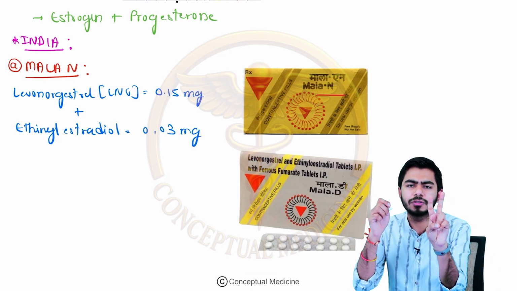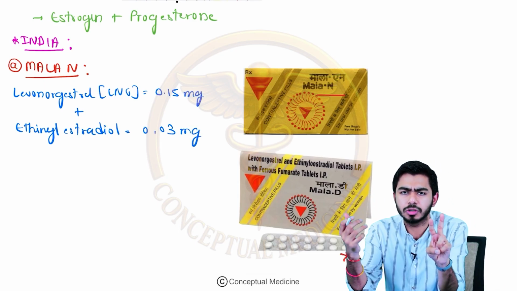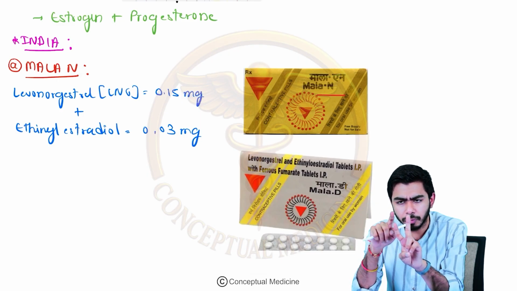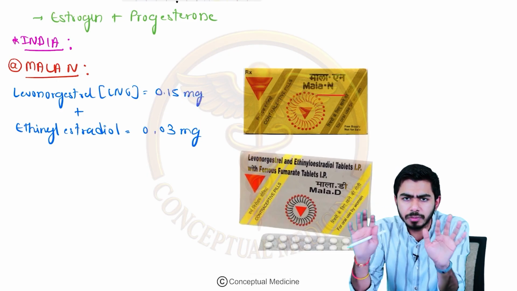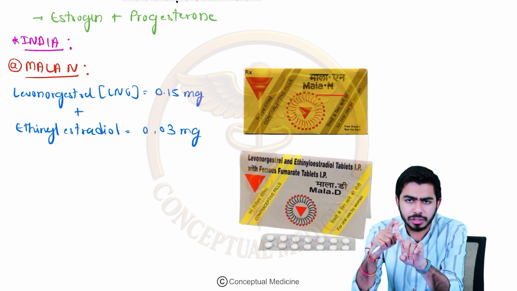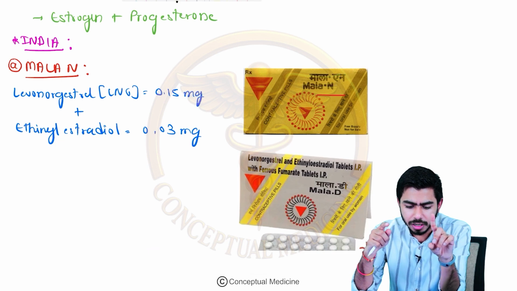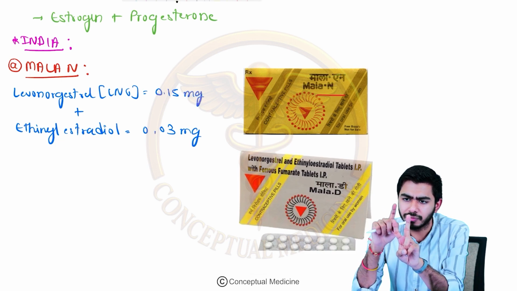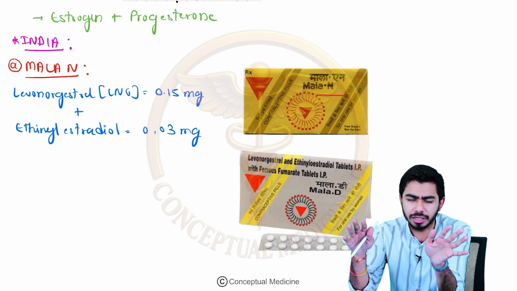I told you two tablets from the government of India side are promoted for contraceptive purposes, oral contraceptive pills: one is Mala N and one is Mala D. Both of these tablets contain the same combination, levonorgestrel 0.15 mg and ethinyl estradiol 0.03 mg. So Mala N and Mala D are probably the same.